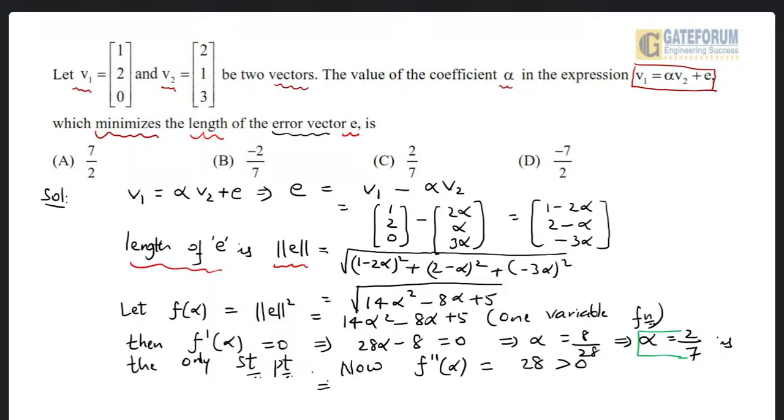So f of alpha is minimum at alpha is equal to 2 by 7. Now f of alpha means the square of the length. When the square of the length is minimum at alpha is equal to 2 by 7, automatically the length of that vector is also minimum at alpha is equal to 2 by 7.